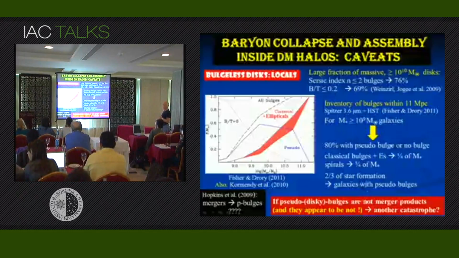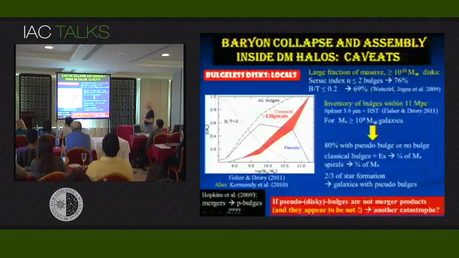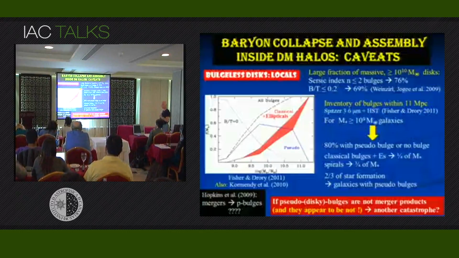And what you see here is that 80% of galaxies within this mass range have either pseudo-bulges, although I don't like this definition, disky bulge may be better, or no bulge at all. And then the classical bulges and ellipticals are responsible for 1/4 of stellar mass within this sphere, and the spirals for 3/4 of this.